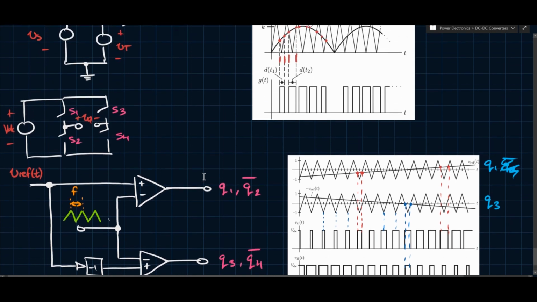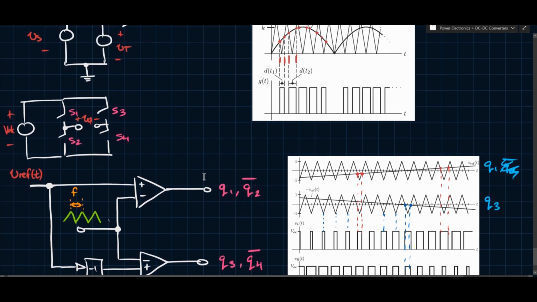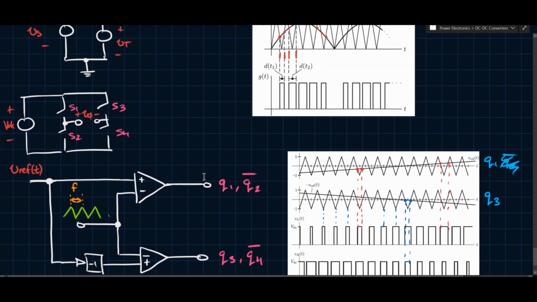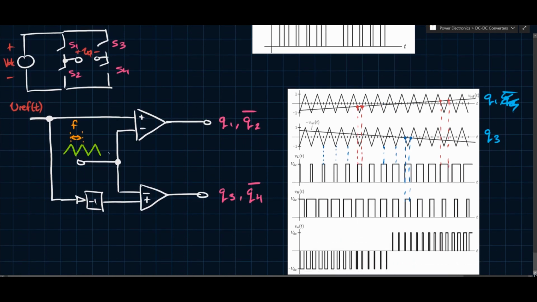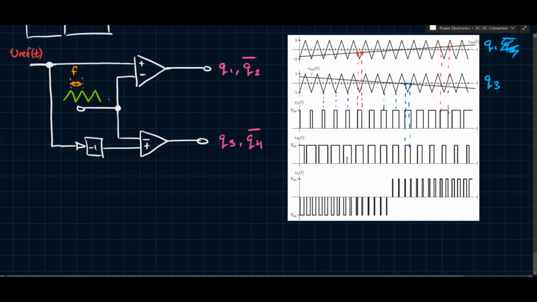But then the trade-off becomes that switching at a higher frequency is difficult, right? So it's not straightforward to switch converters at higher and higher frequencies, especially as switching losses and all that type of stuff become more and more amplified. But as far as this is concerned, we see that this is a relatively straightforward thing. The main benefit of this is that you essentially sample the reference at twice the carrier frequency.